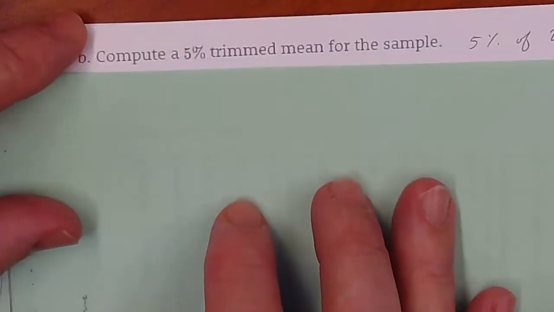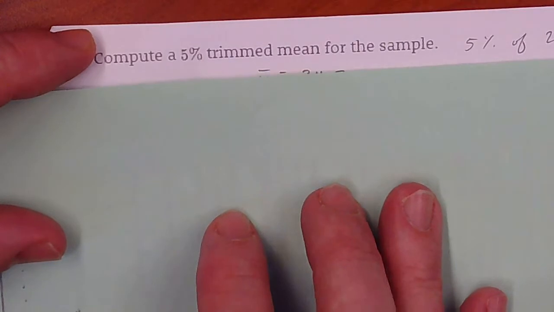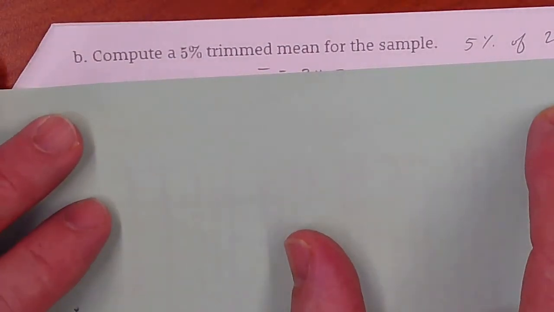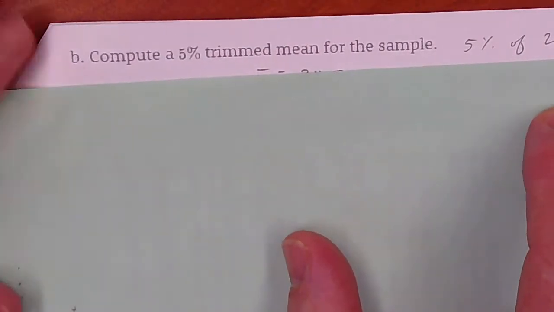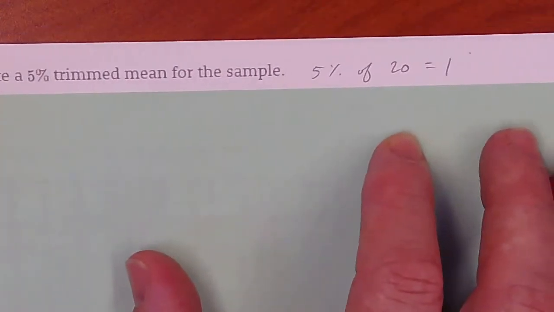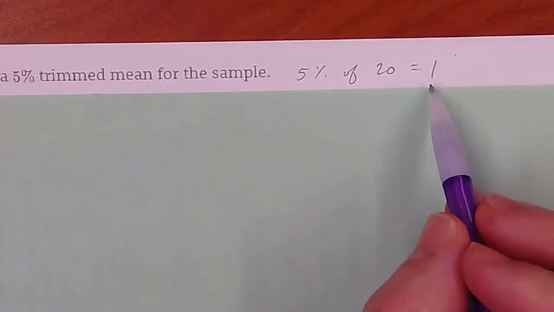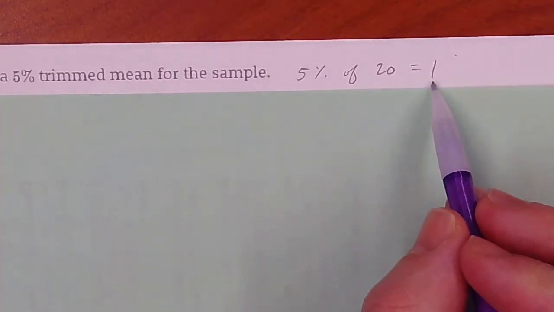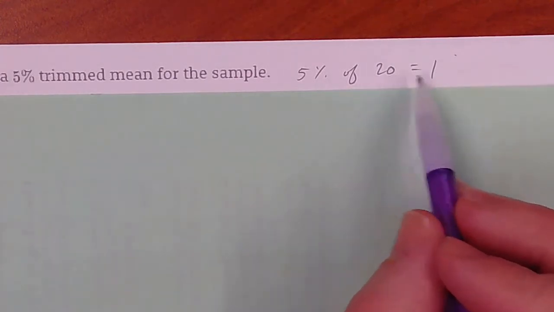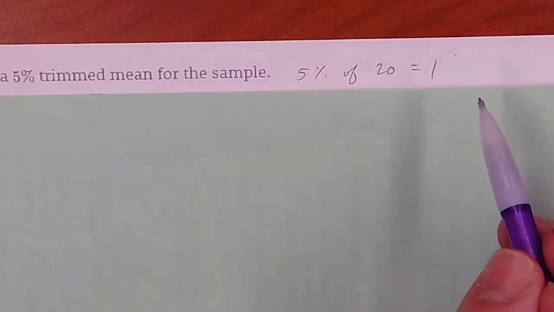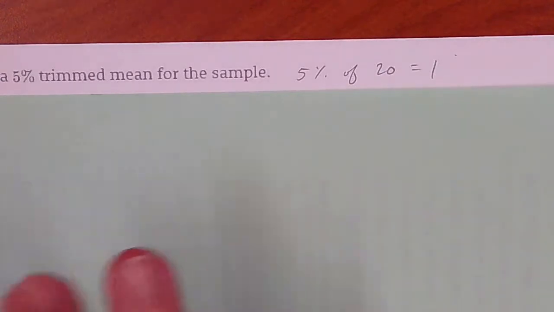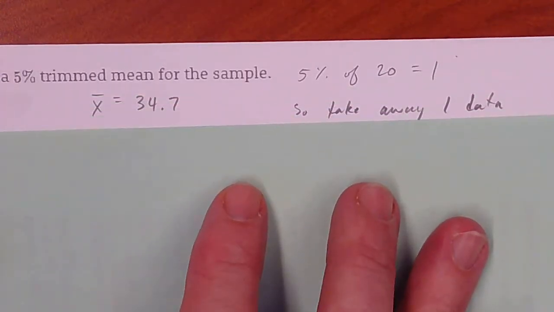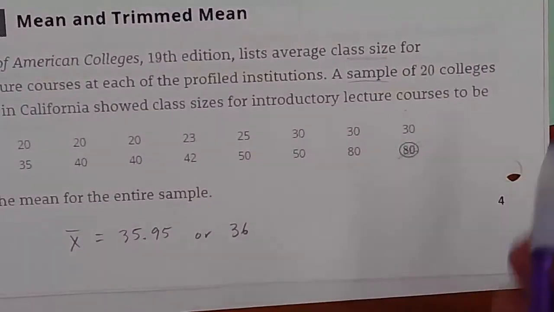Now it says compute a 5% trim mean for the sample. When they say a trim mean, what we have to do is figure out what is 5% of the sample size. 5% of 20 colleges is 1. Right? So just 0.05 times 20 in the calculator, we get 1. That means I have to remove 1 college from the top and bottom. So on this data set, we'll take 80.